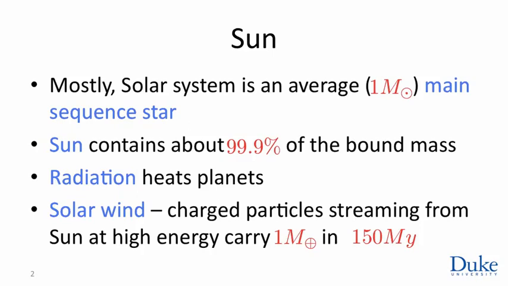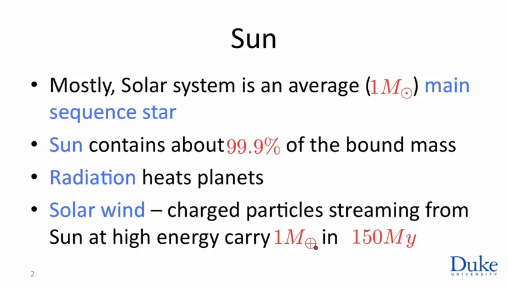We will discuss this when we talk about the sun next week, but this is a non-trivial flux of high-energy particles away from the sun, and as we'll see, it has lots of effects in the solar system. To give you a sense, every 150 million years, the sun loses a full Earth mass to this solar wind, so there is this constant stream of stuff coming out of the sun.